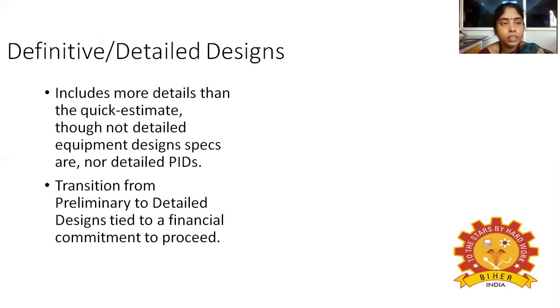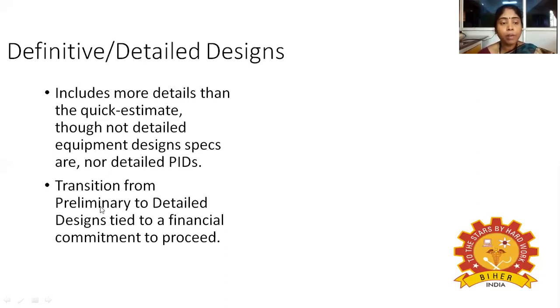The next one is the definitive or detailed design. The name itself indicates there will be a defined, detailed form of data. It has to have more details than the preliminary design, which is a quick or rough estimate derived from a feasibility survey. This includes your equipment and design specs, and not only the PIDs.